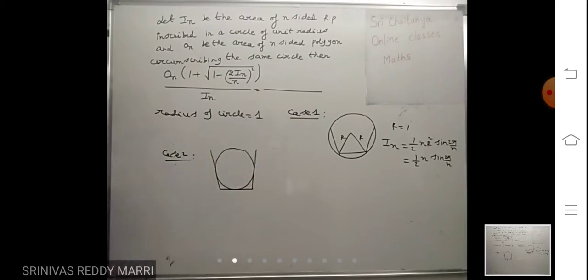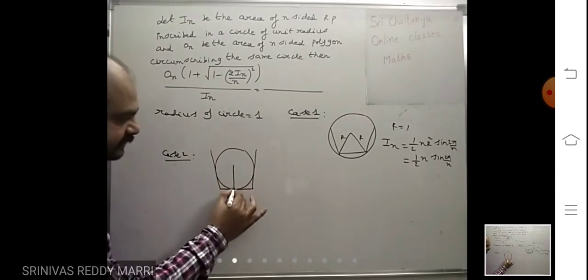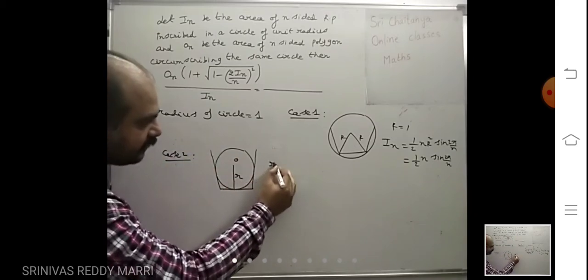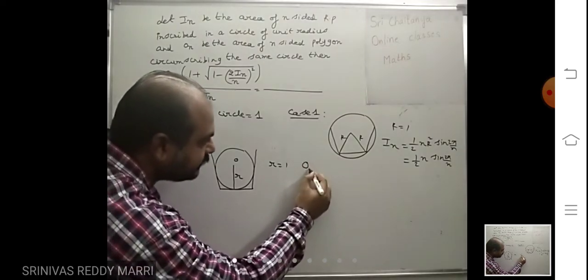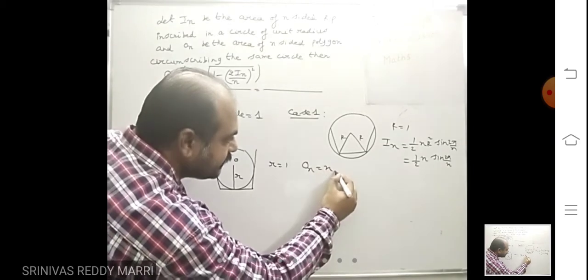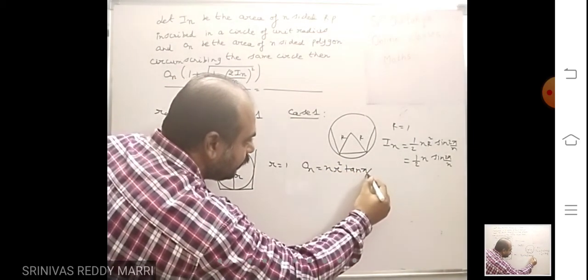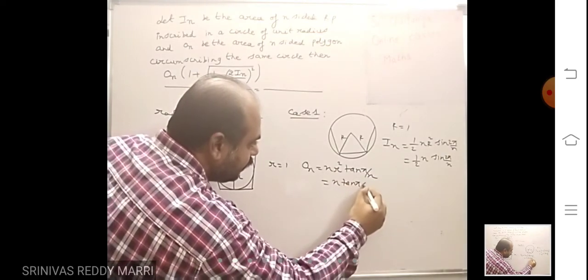Polygon circumscribing means the polygon will be outside the circle. In this case also the radius is 1, so r is 1. The area of the polygon is ON, and the formula is n r square tan pi by n, that means n tan pi by n.